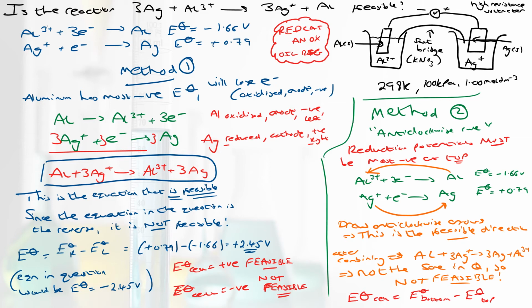It's also true that the E cell values never change in terms of the sign. The E cell value for that particular half cell is always, for example, for the aluminium, always negative 1.66 volts. By flipping that equation round, it's still negative 1.66 volts. The only difference is the way that we write it in the actual calculation to give a positive number.